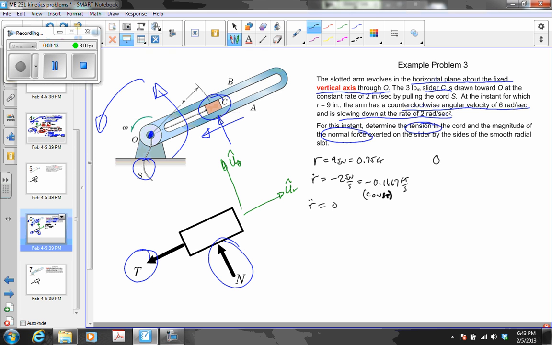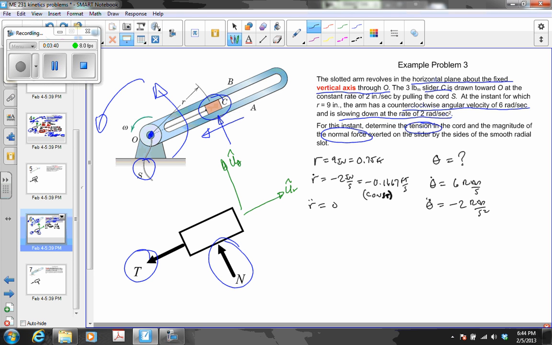Then theta is not really given, but we don't need it since T is in the r direction and N is in the theta direction. But we're told theta dot, so we have some angular velocity of 6 radians per second, but it's slowing down, so what does that tell us about theta double dot? It would be minus 2 radians per second squared.